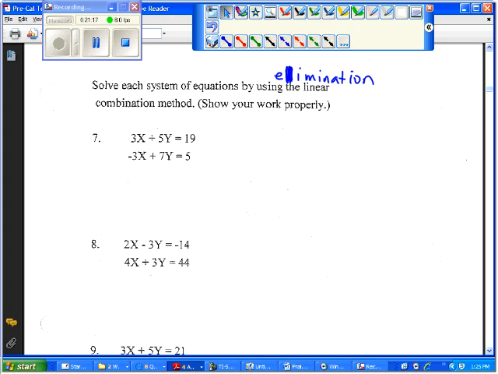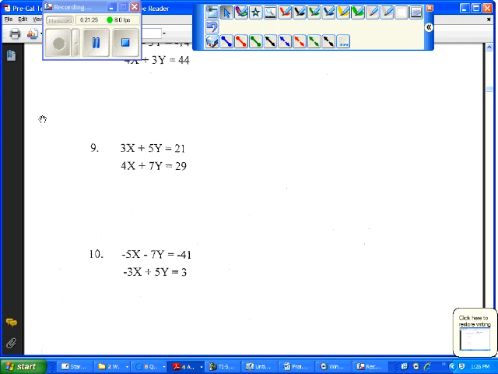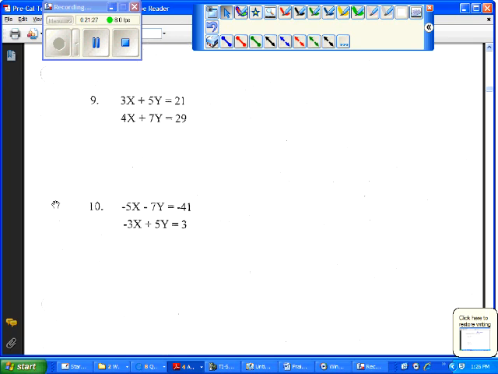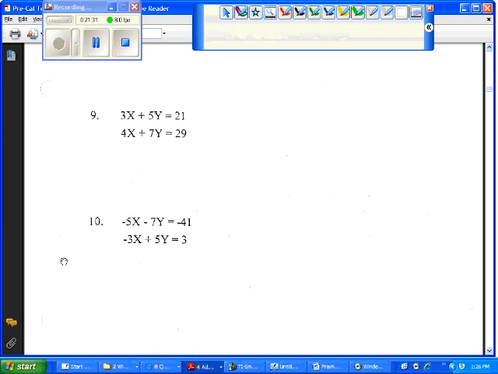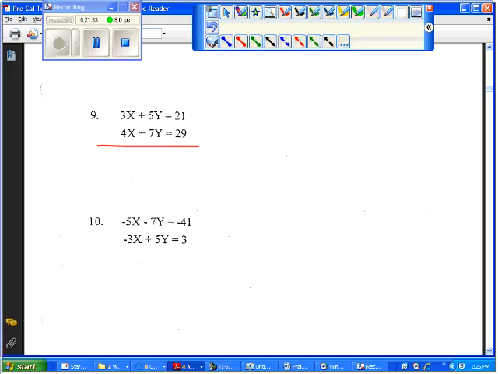Now, the idea of solving by elimination method, I'm going to back up. I'm not going to do number 7 first because it's easier. So we're going to start with number 9. The idea of the elimination method is this. Do not write this down. If I were to add these right now, I would get 7x plus 12y is equal to 50.